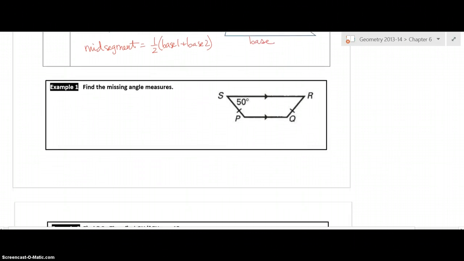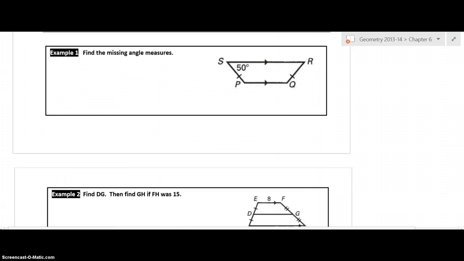Okay, so let's look at a couple examples. The first one says find the missing angle measures. Because these segments are parallel, we know that it is a trapezoid since there's only one pair, and we know that the same side interior angles are going to be supplementary.